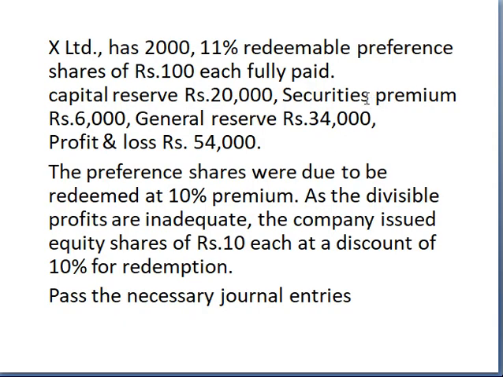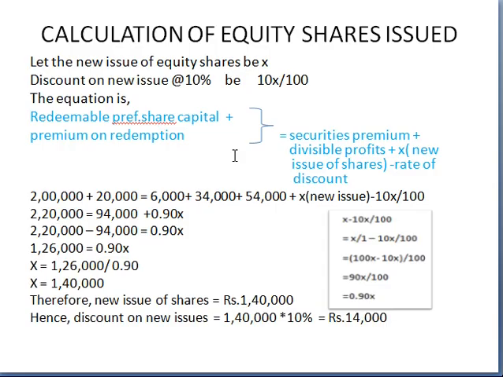Now, check your problem. What are the divisible profits? General reserve and profit and loss account are your divisible profits. Capital reserve is not the divisible profits. Keep in your mind. So, only divisible profits are reserve fund or else general reserve, and next is your profit and loss account. So, that is 34,000 and 54,000.